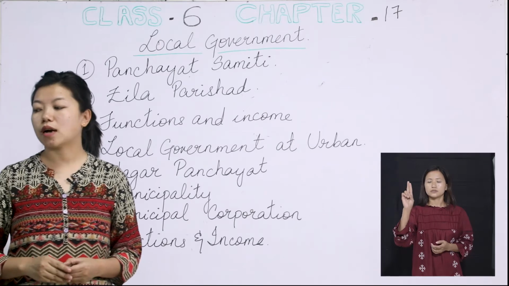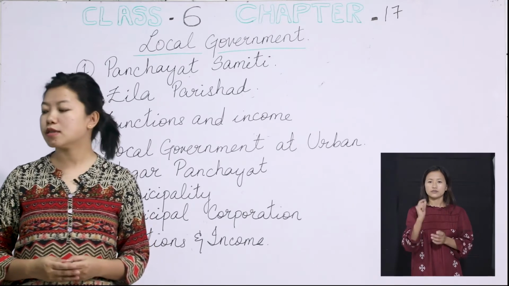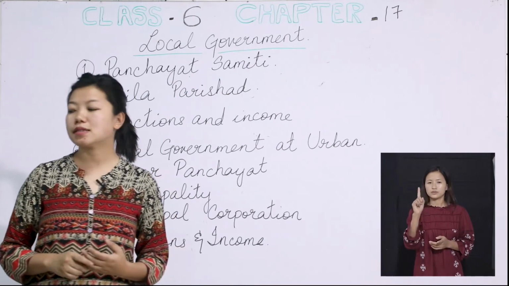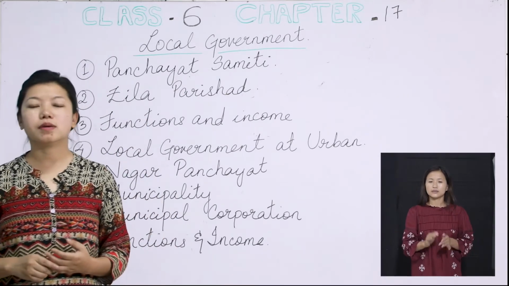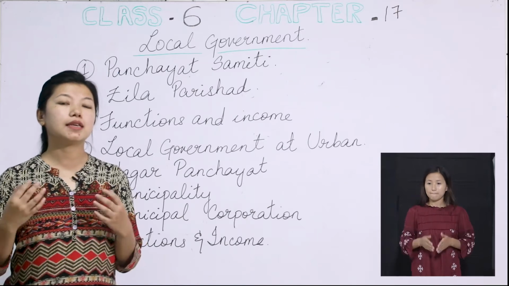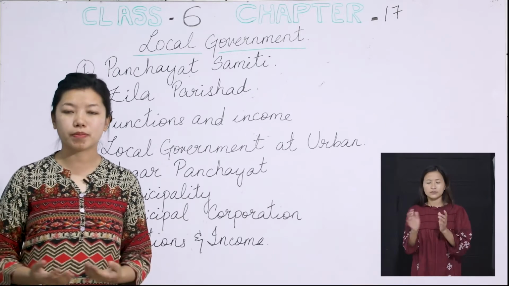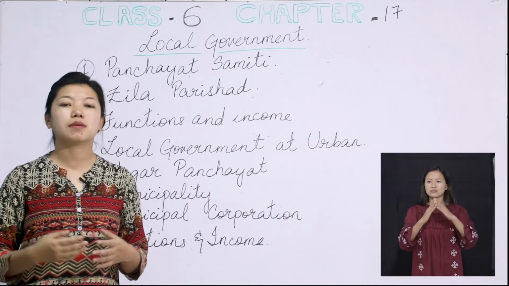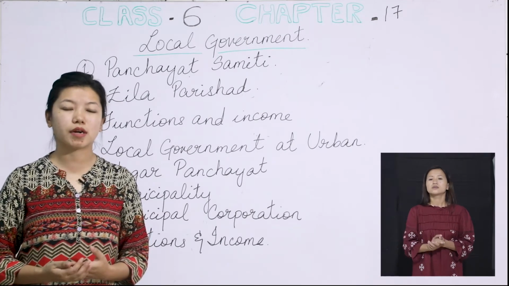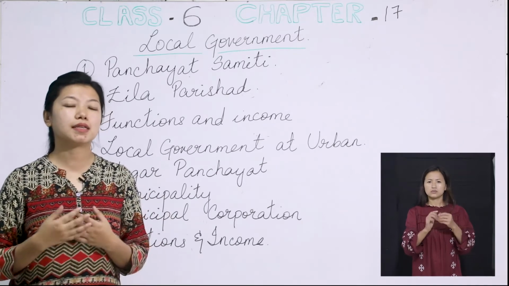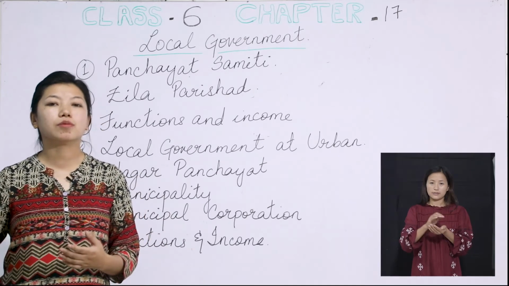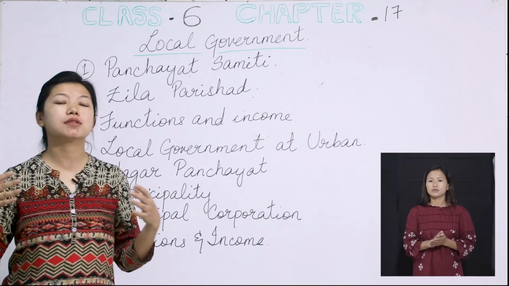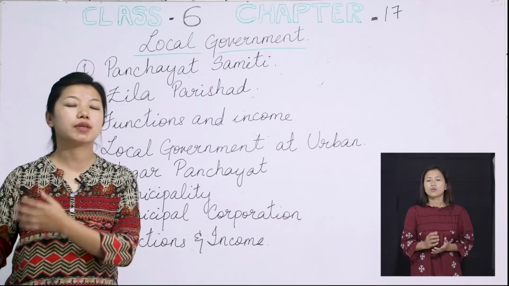Under the functions of the municipalities, on page number 112, the first one is cleanliness and maintenance of public health. Normally in a city there are more people and more houses, right? And the garbage also comes in huge quantity. So in order to maintain cleanliness in these cities, more people and more work are required, because you cannot just take out all this garbage and throw it anywhere you like.